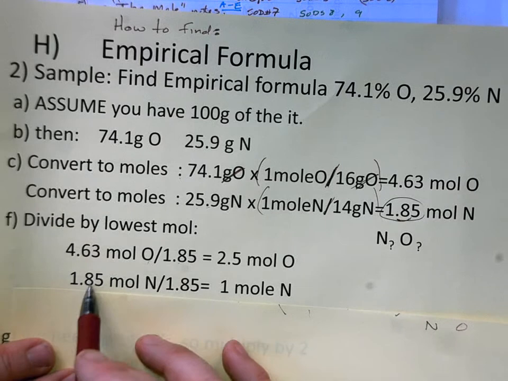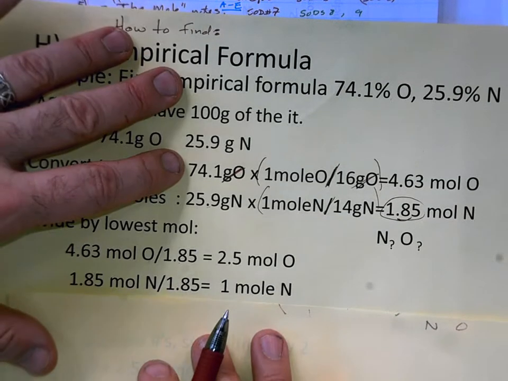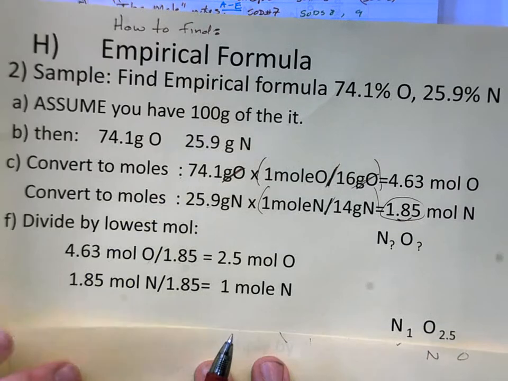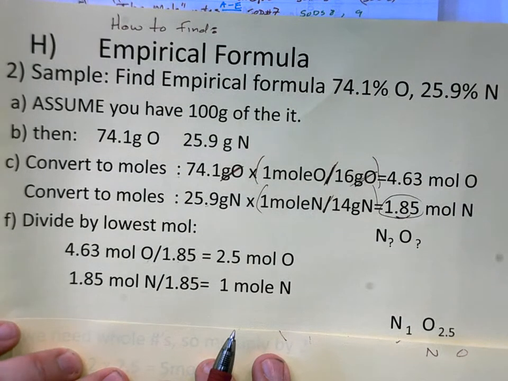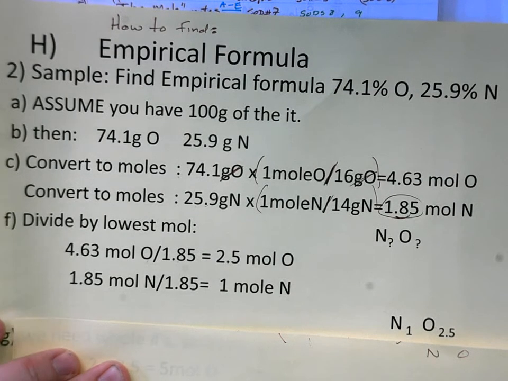And when we divide 1.85 by 1.85, we get 1 mole of nitrogen. So now that's going to make our empirical formula N1O2.5.